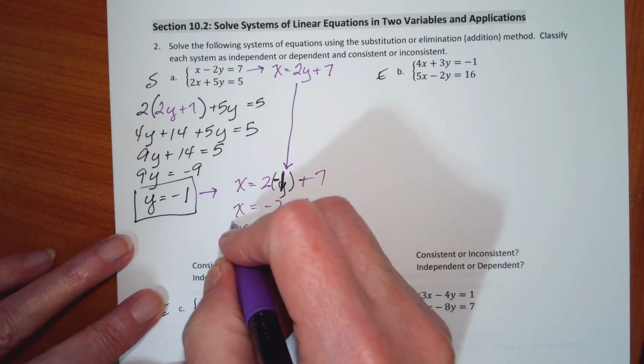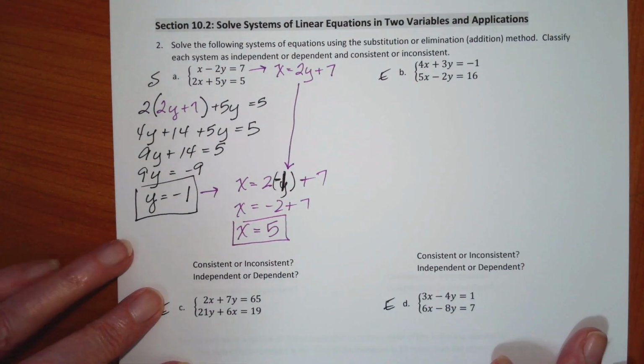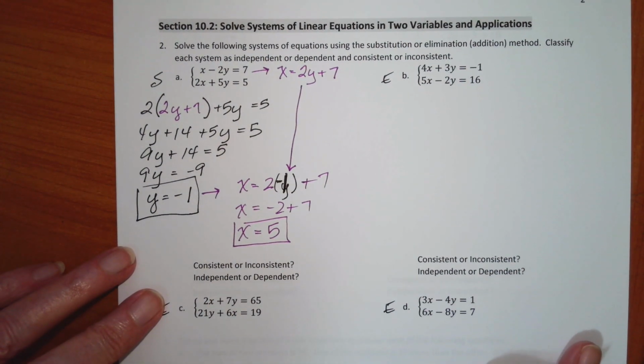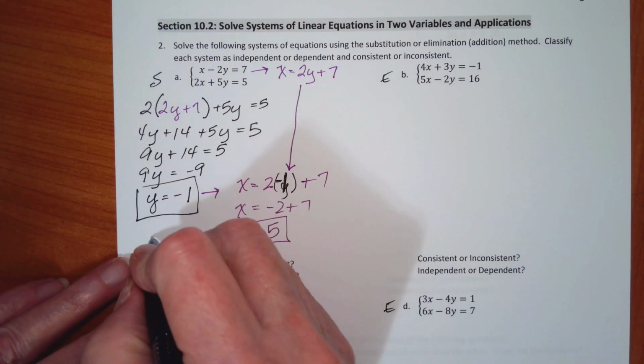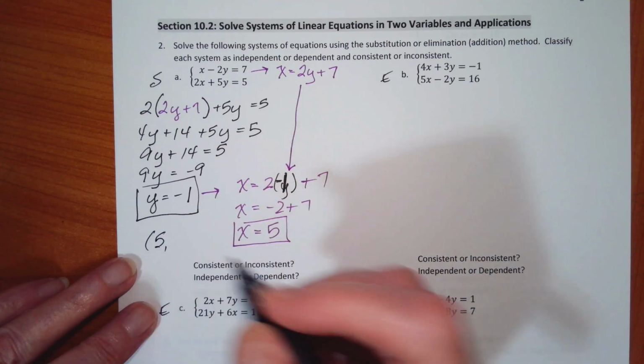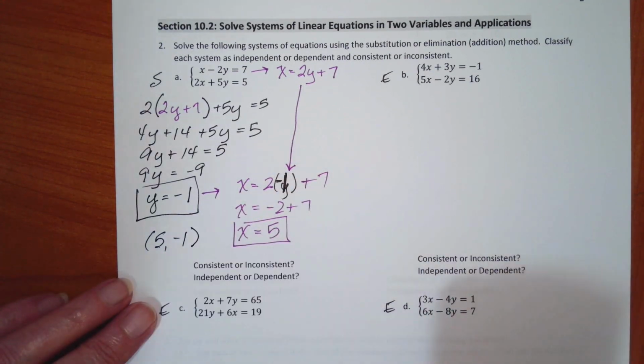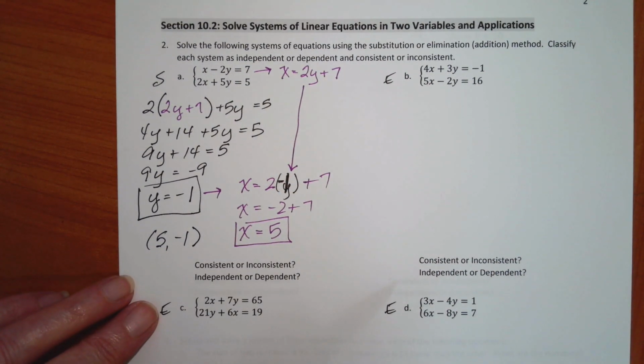X is 5. Okay, so I always want to write my solution as an ordered pair. So my solution is 5, negative 1.